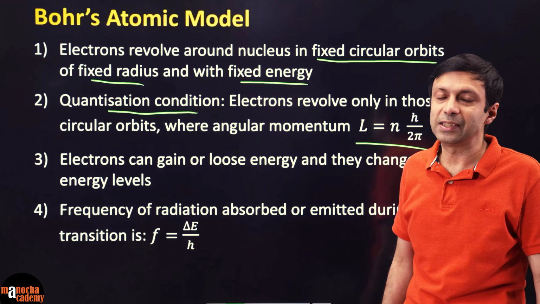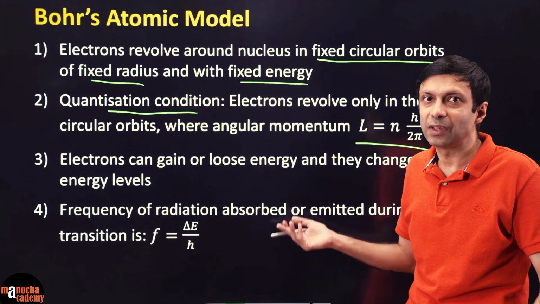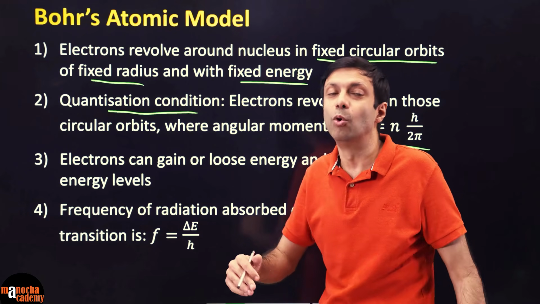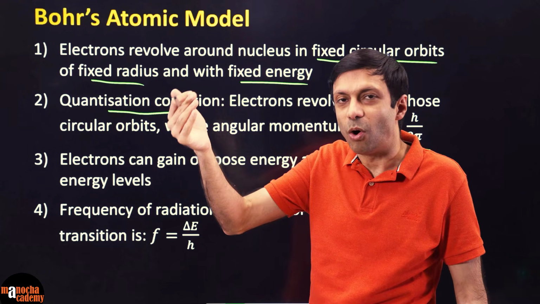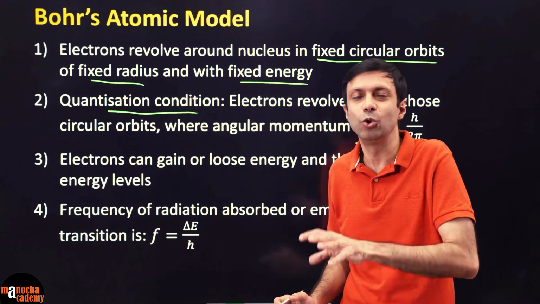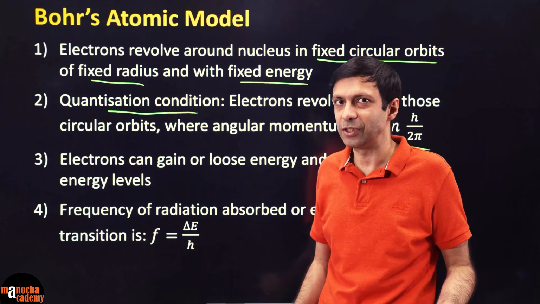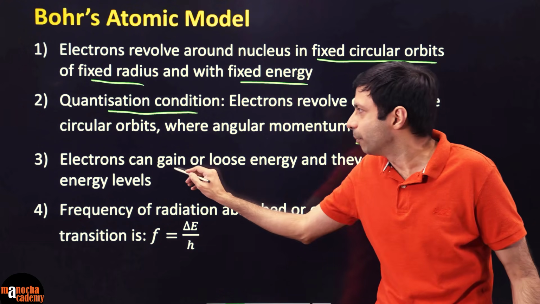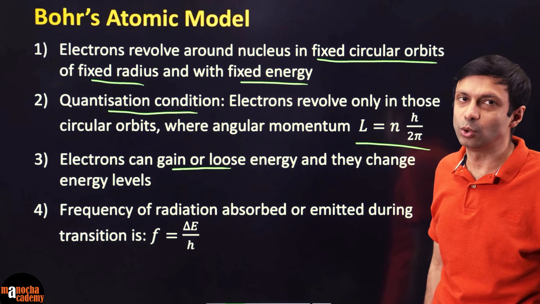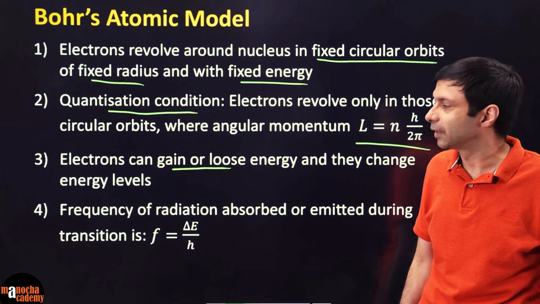The third postulate says that electrons can gain or lose energy, and when they do that, they will move to a higher shell or come down to a lower shell. So it's possible for electrons to gain or lose energy, and when they do that, they will change their shells or orbits. Remember, they can gain or lose energy, but only when they are moving from one shell to the other.